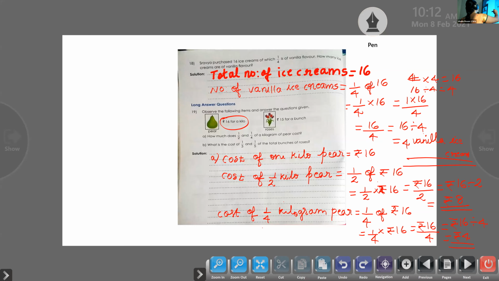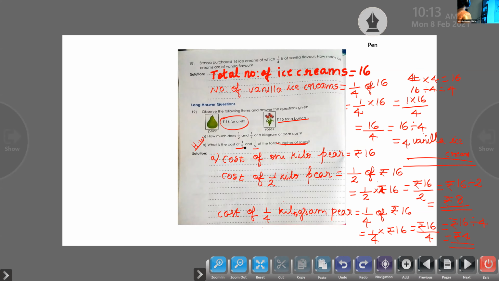And B you can do as a homework. There you want to find the cost of 1 by 3 kilogram and 1 by 5 kilogram. For that, what you have to do? To find 1 by 3 of a bunch of roses, one cost of one bunch is given, rupees 15.